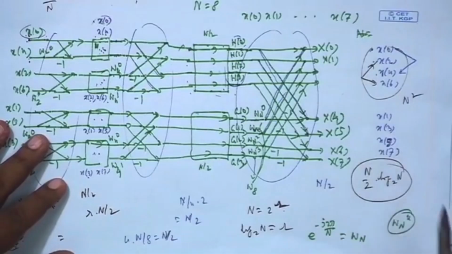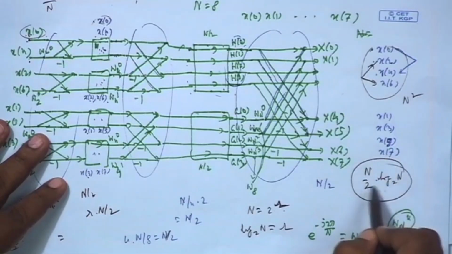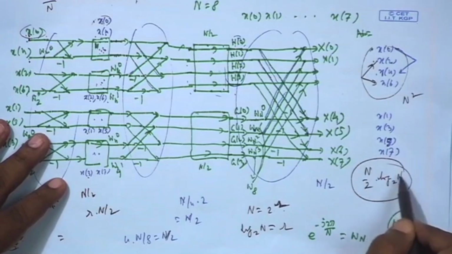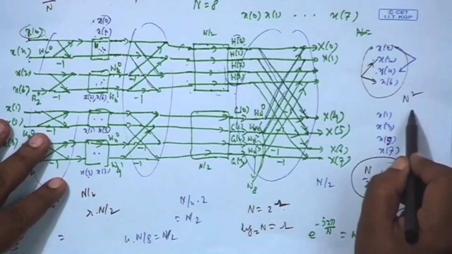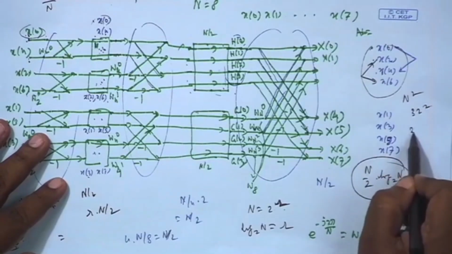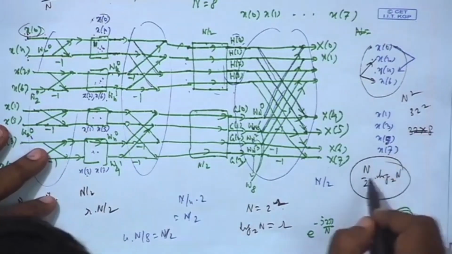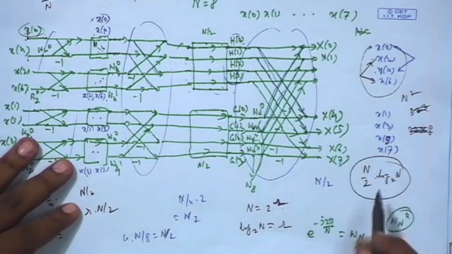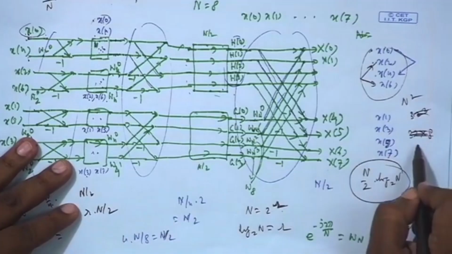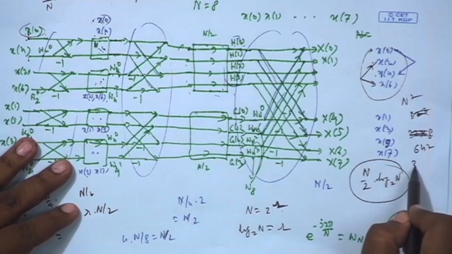Originally, it was n square. Suppose n is 64: originally you had 64 square, and here 64 by 2, that is 32, and log 2 64 is 8.